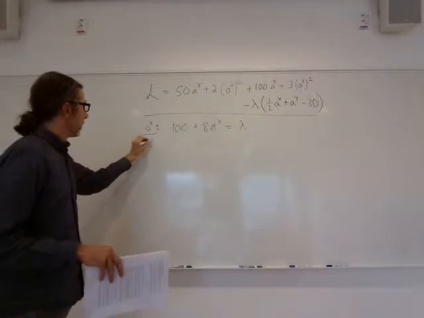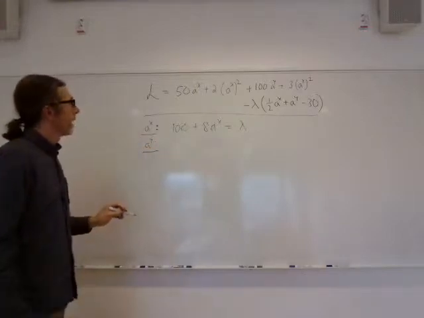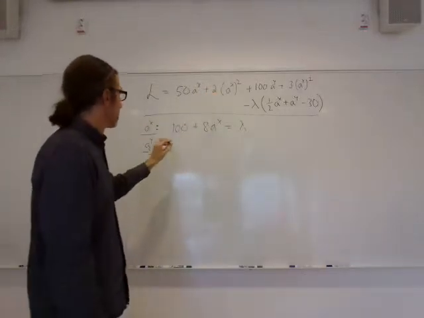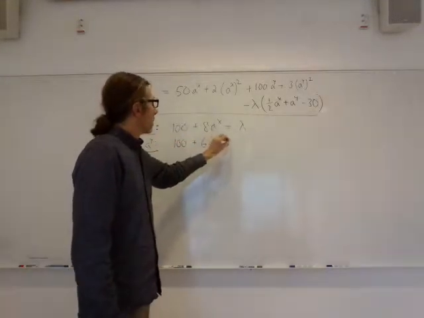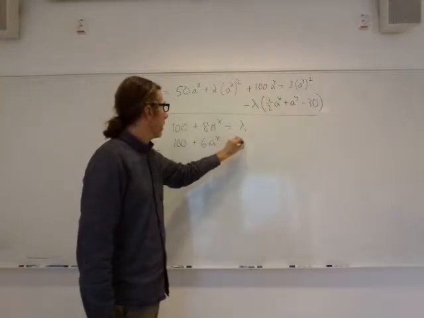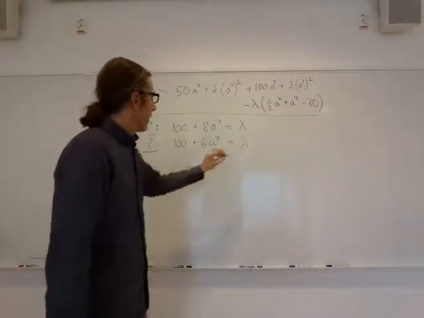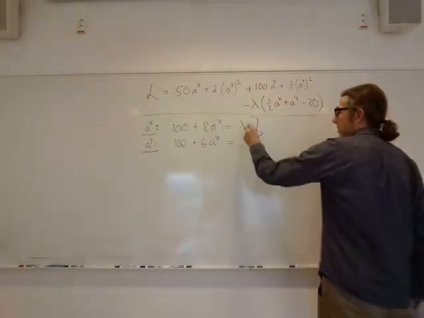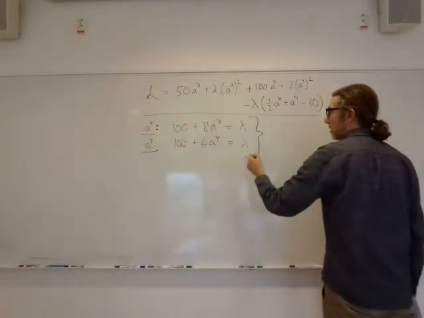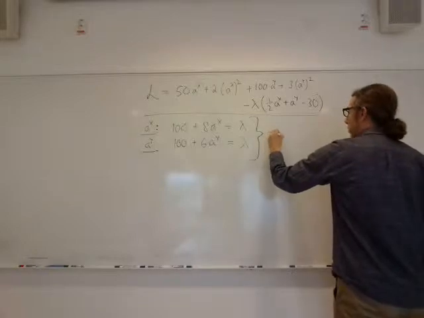And then in AY, we have 100 plus 6AY equals lambda. Let's get rid of lambda. This equals this. So it's super straightforward.